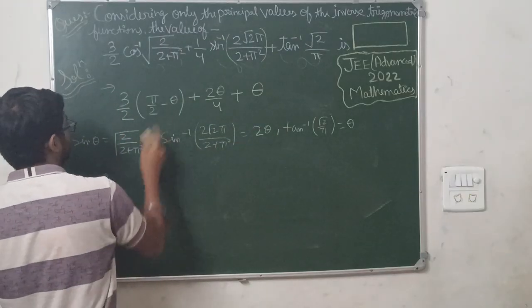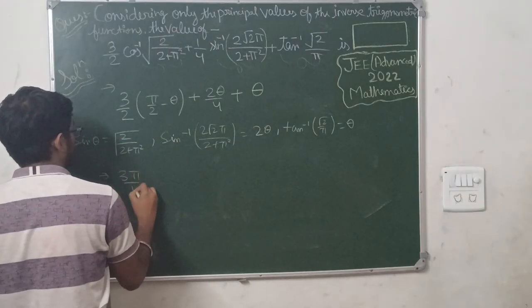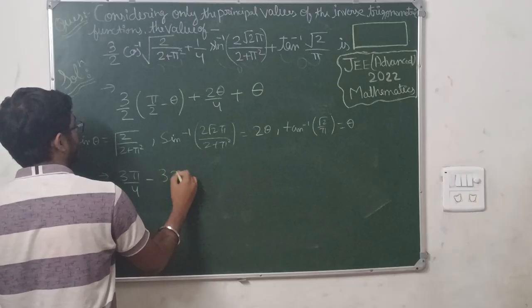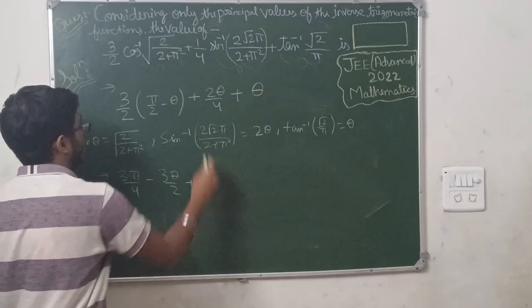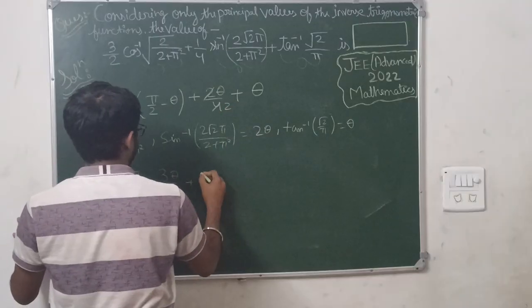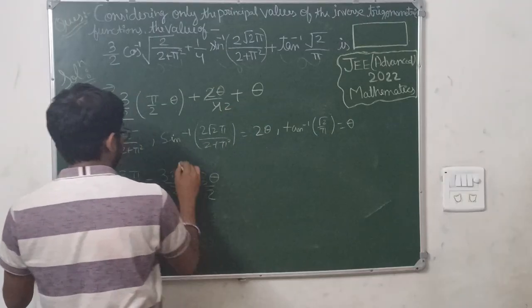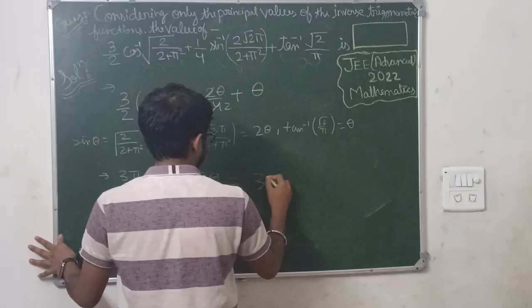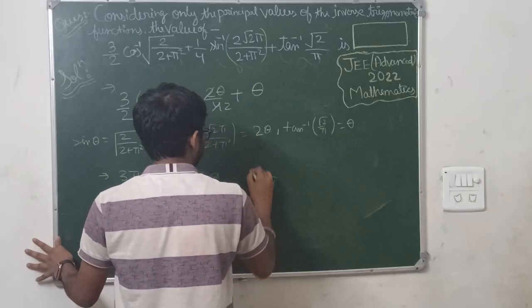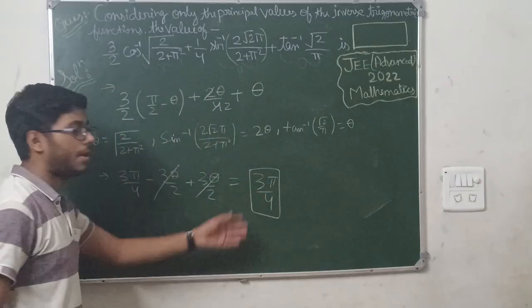Now just simplify the equation. It will be 3 pi by 4 minus 3 theta by 2, plus 3 theta by 2, so the theta terms cancel. The final expression is 3 pi by 4.